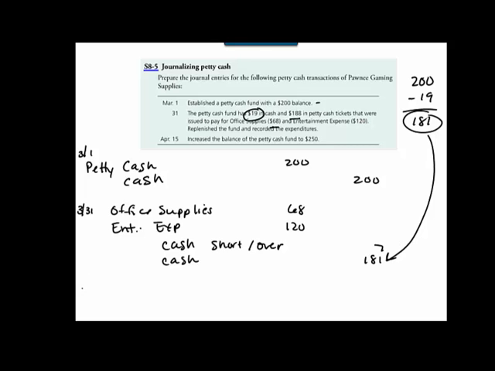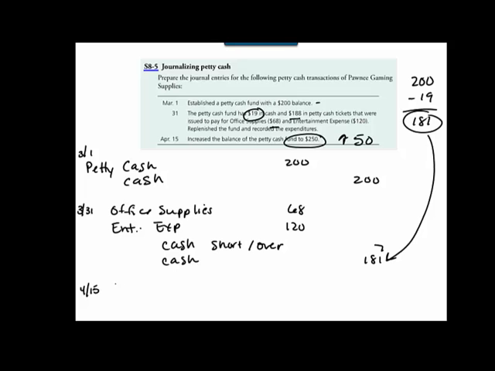Then on April 15th, I decided that I'm cutting it too close, bringing it all the way down to 19, so I want to increase the balance of the petty cash fund to $250. It's already at $200, so that means I want to increase it by $50.